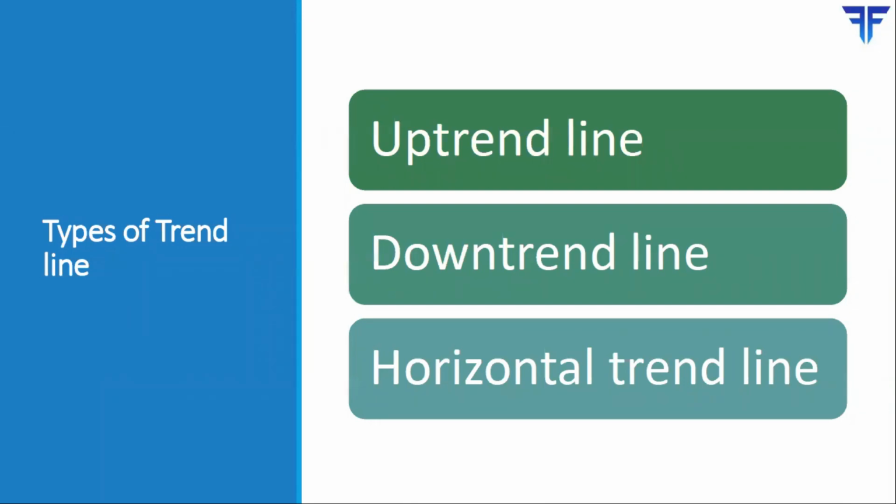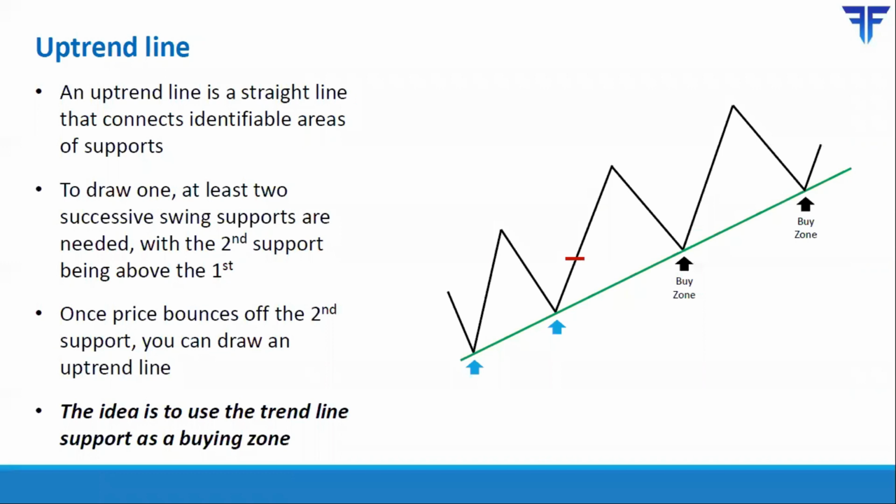So let us start with an uptrend line. Now, as you see on the image on the right, the green line, which is sloping upwards, is nothing but the uptrend line. As you can see, an uptrend line connects successive swing lows. So this is the first swing low. This is the second swing low.